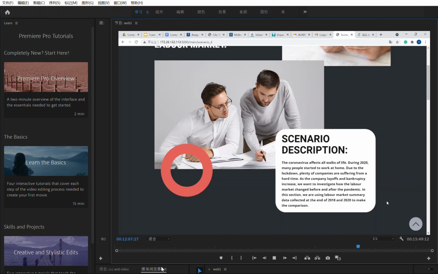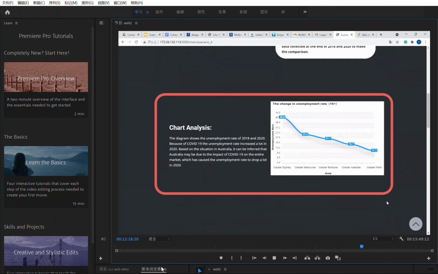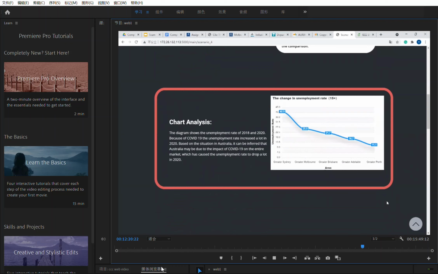So in this section, we will use labor market summary data collected at the end of 2018 and 2020 to make the comparison. We use the line chart here. The first is about change in unemployment rate. We can see that all cities have an increase in unemployment rate.